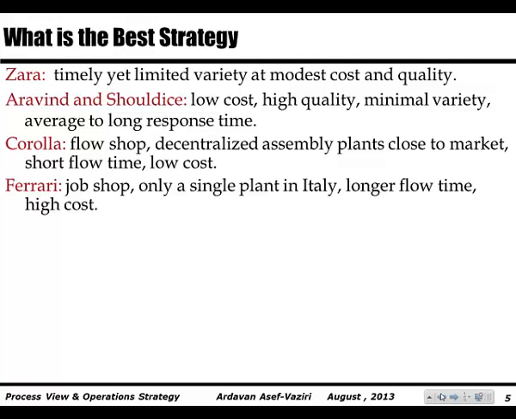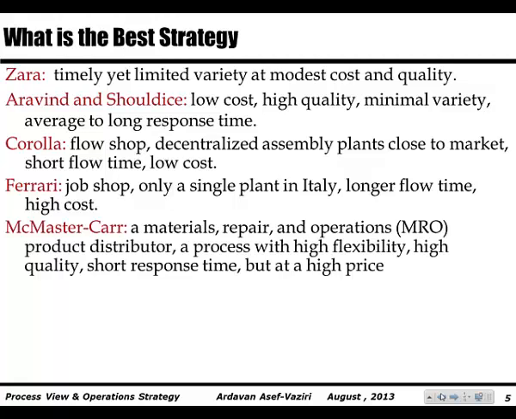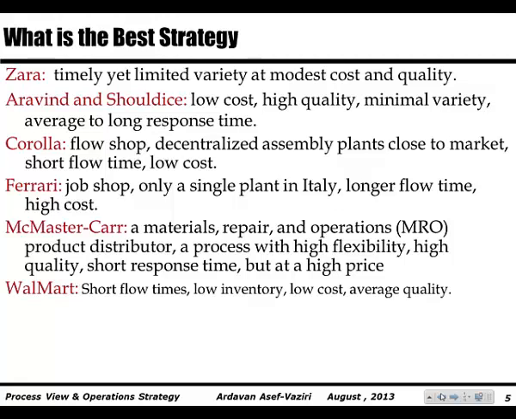Ferrari, Job Shop, a single plant, longer flow time, high cost. McMaster Care, high flexibility, high quality, quick response time, high price. Walmart, short flow time, low inventory, low cost, average quality. Six different enterprises with six different strategies, all are successful.